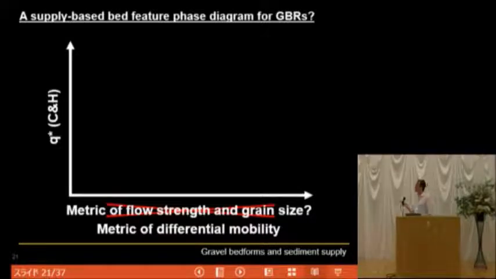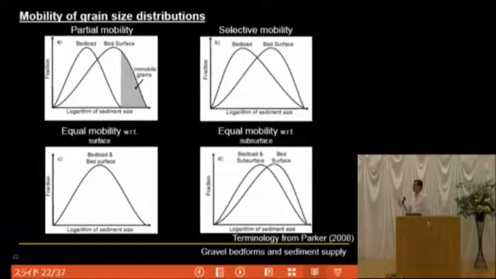I'm sure many of you are aware of this, but there's a whole bunch of different mobilities that can emerge in a gravel bed river, and the terminology that's assigned to them is confusing. So there's things like full mobility, partial mobility, selective mobility, equal mobility, and then there's several kinds of equal mobility.